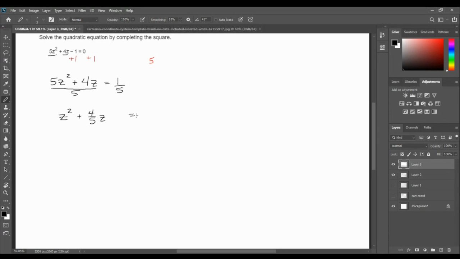I'm going to leave some space here, and we've got our 1/5. And now our leading coefficient is 1. So now I can follow the same kind of process. 4/5 divided by 2 is 2/5. We square that and add it in.